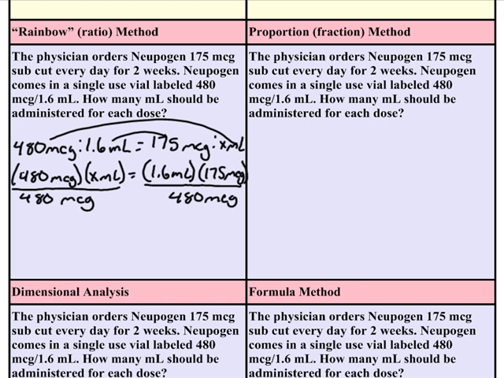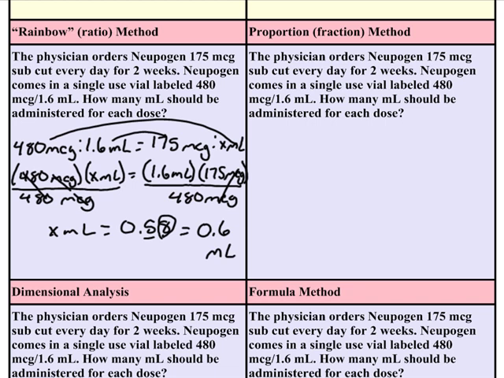We can see the 480 and the micrograms cancel out on the left-hand side, just leaving us with our milliliters. On the right-hand side, the unit micrograms cancels, and we're left with 1.6 mLs times 175 divided by 480, and we end up with 0.58, but we want to round to the tenths place. The 5 is in the tenths place. The 8 tells us to round up. Therefore, we will give 0.6 milliliters.